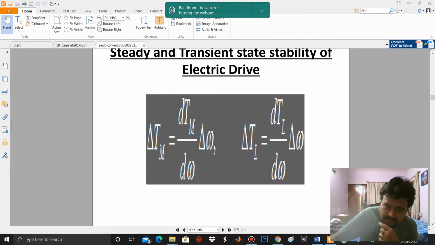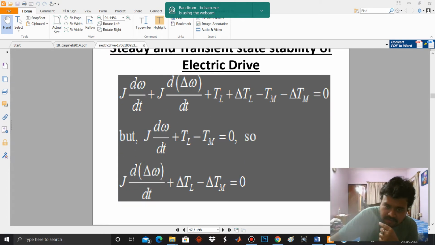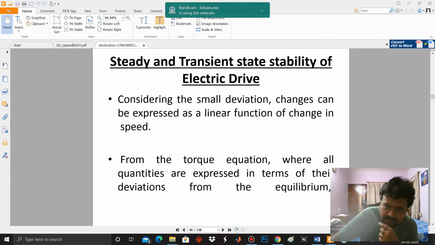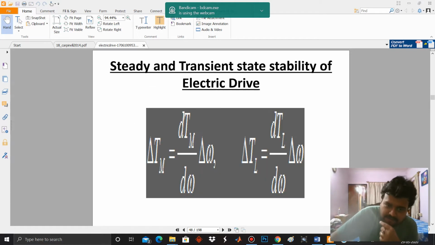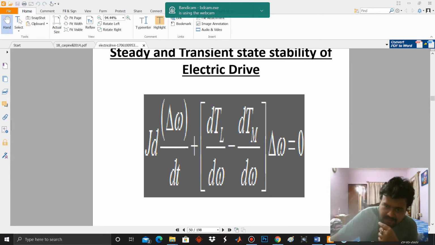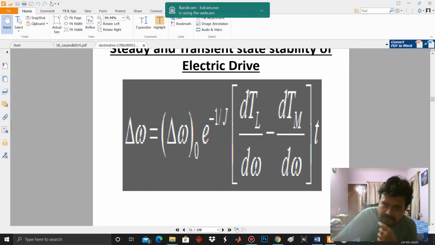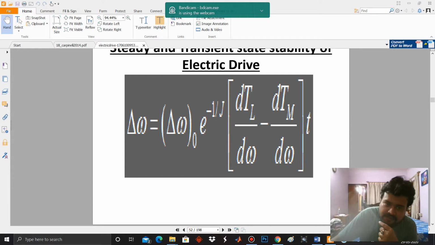So you substitute the value of delta tau m over here, and this delta tau l over here, and if we simplify, we will get this first order differential equation in delta omega. So now we can solve this first order differential equation, and we can find the value of delta omega.